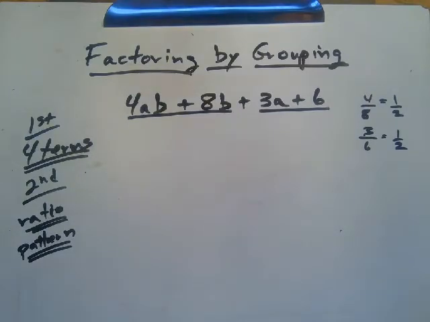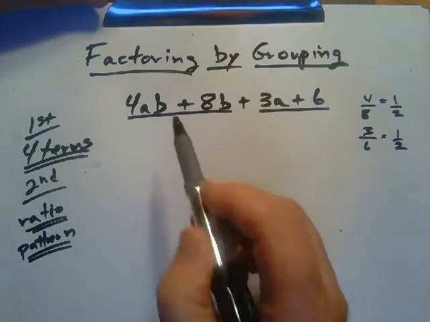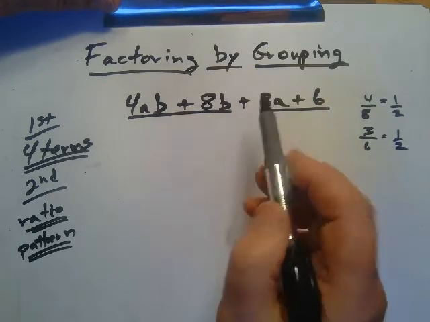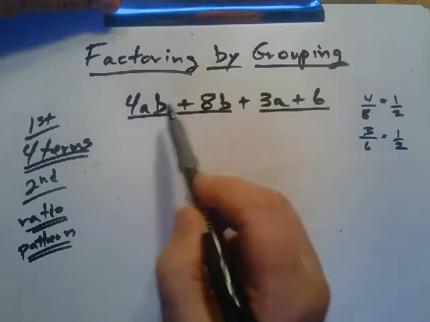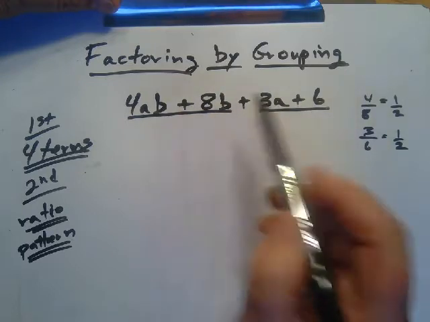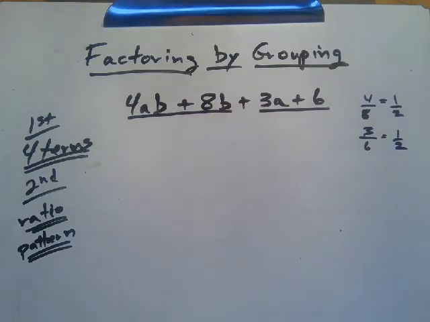So this is the thing you're going to be looking for. Do you see 4 terms? And if you do, do you see a ratio that is shared between these 2 groups? You notice I've got 2 groups and they're both underlined. So we see, in fact, that we can factor this by grouping.